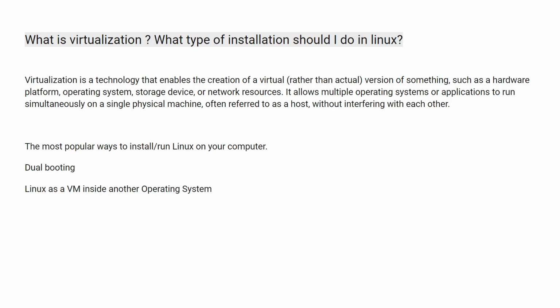If you select Windows, it will move to Windows. My laptop is also on dual booting. As I have told you about virtual technology, a VM is a virtual machine inside another operating system.